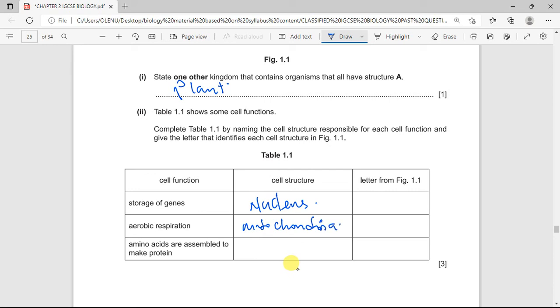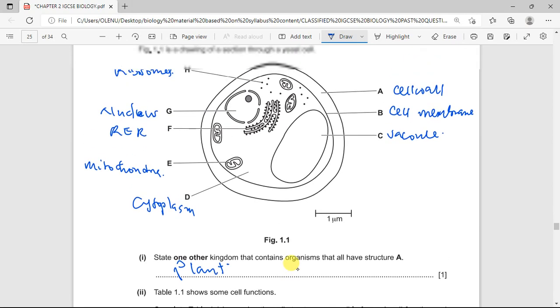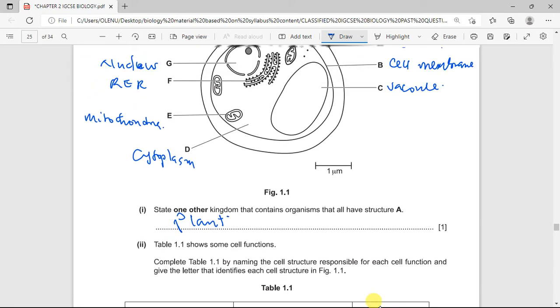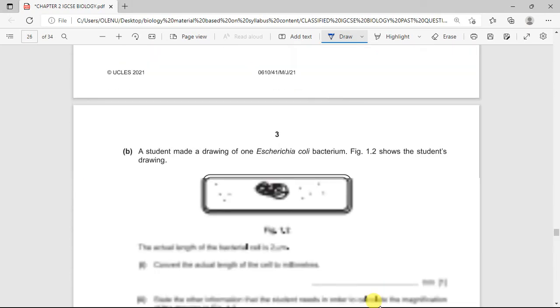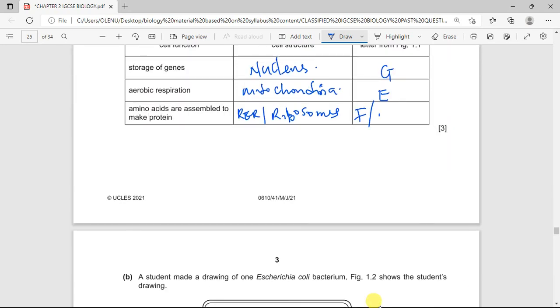Assemble amino acids where protein is made is the rough endoplasmic reticulum, or you can put the ribosomes. So the letter that represents nucleus here is G. So nucleus is G, mitochondrion is E, rough endoplasmic reticulum is F, and ribosomes is H. So you can put either of those two. So I can put my F or my H, whichever.